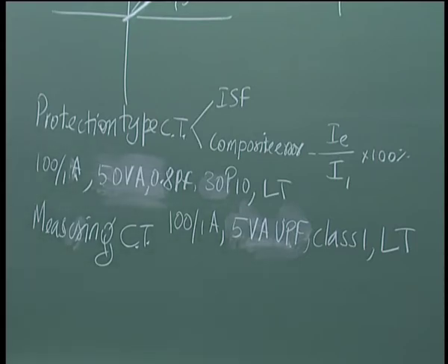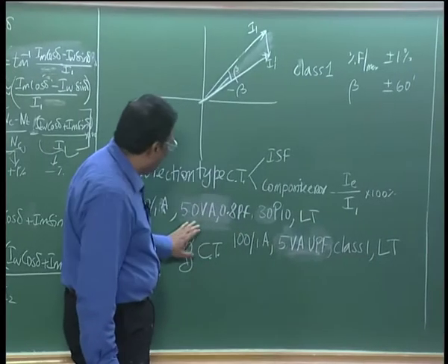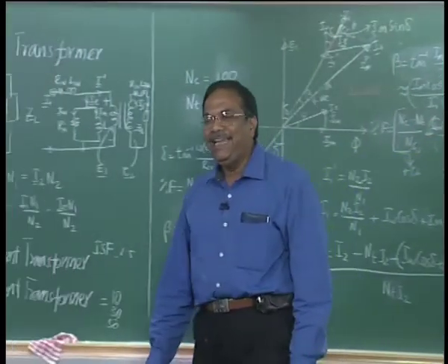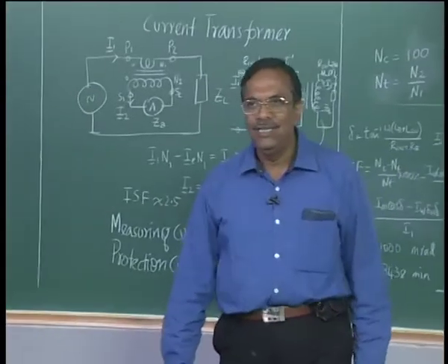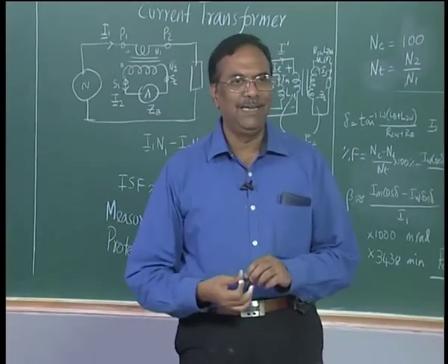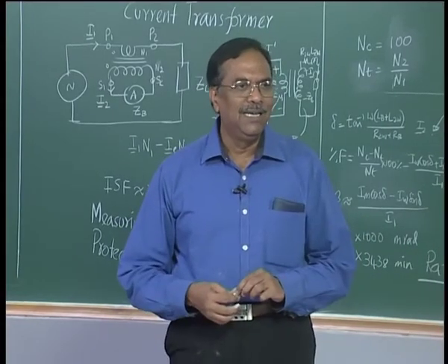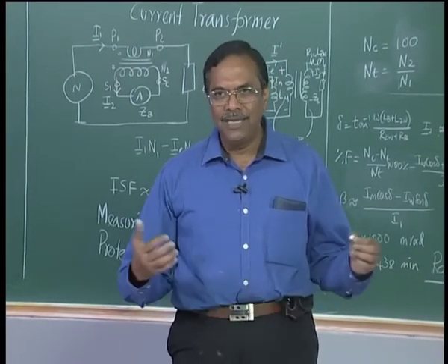Now if I look at these two, I have put 5 VA here and I have put 50 VA here, right. I did not do it randomly, right, intentionally I have shown a smaller burden for a measuring current transformer and a larger burden for a protection current transformer. Can you guess why?